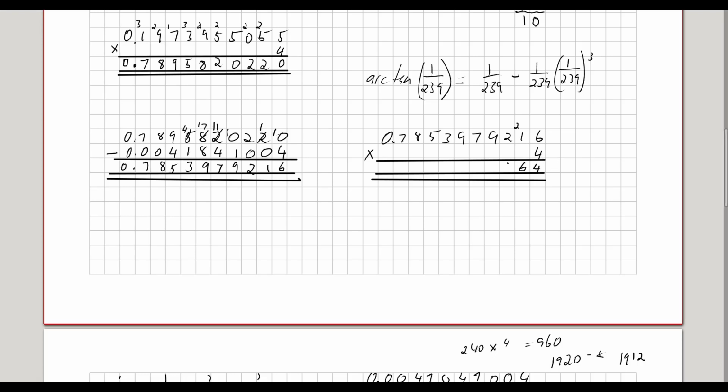4 times 2 is 8, 4 times 9 is 36, so 6 there, 3, 4 times 7 is 28, so 1, 3, 4 times 9 is 36, so 9, carry over 3, 4 times 3 is 12, plus 3 is 15, carry the 1, 4 times 5 is 20, so 1.